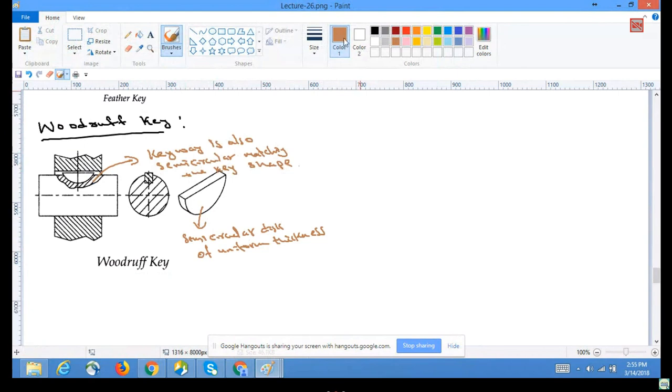So this is typically used in automobiles and machine tools.